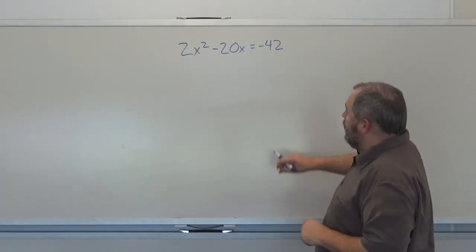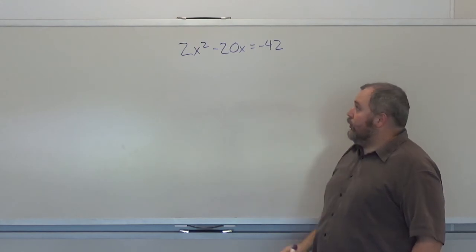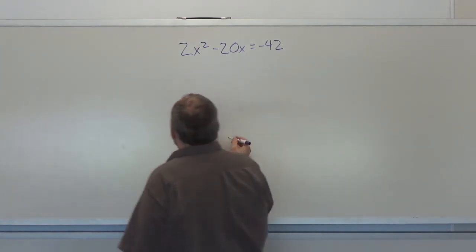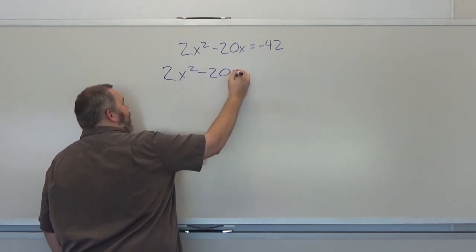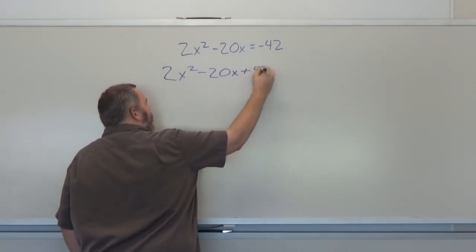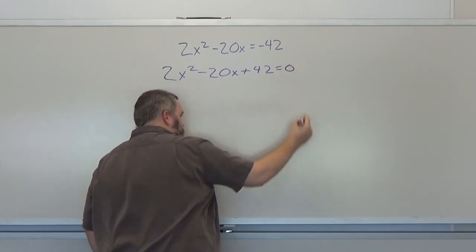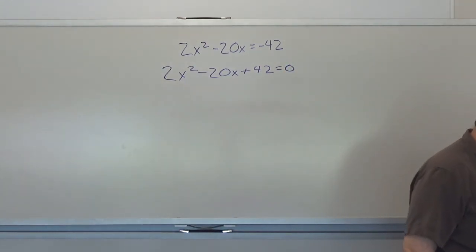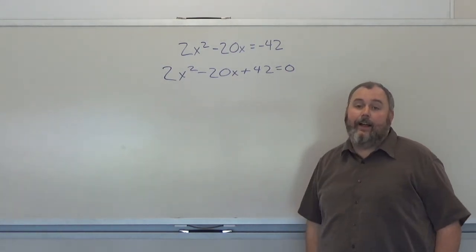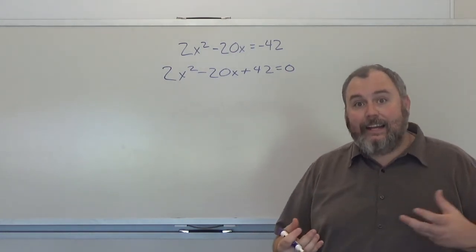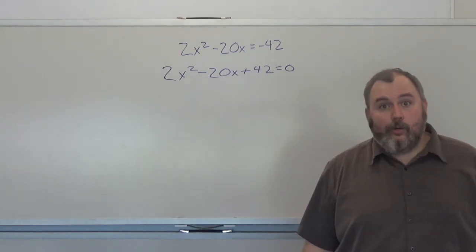So what I'm going to basically do is add 42 to both sides. And what we end up getting is 2x squared minus 20x plus 42 equals 0. Now, we know that in order to solve for x in this, we have to factor it. So, follow our rules.